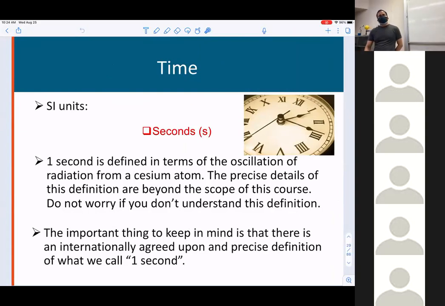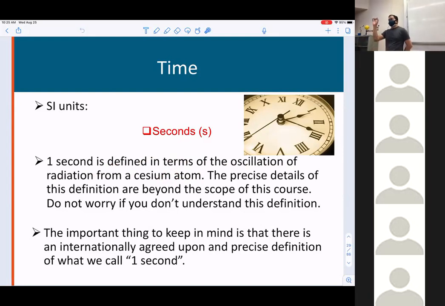Similarly, seconds, you can maybe make a second as the time of something that is very periodic and very reliable. And then you can say so many oscillations of that thing is 1 second. Again, they use a very fancy way of doing it. They define it in terms of the oscillation of radiation from a cesium atom.